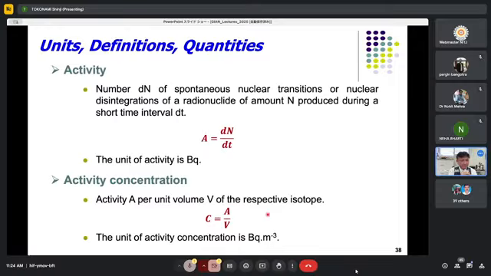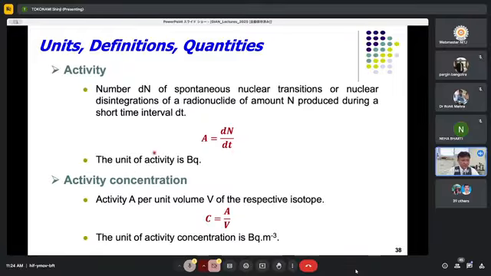Here's the activity: the number dN of spontaneous nuclear transitions or nuclear disintegrations of a radionuclide of amount N produced during a short time interval dt.